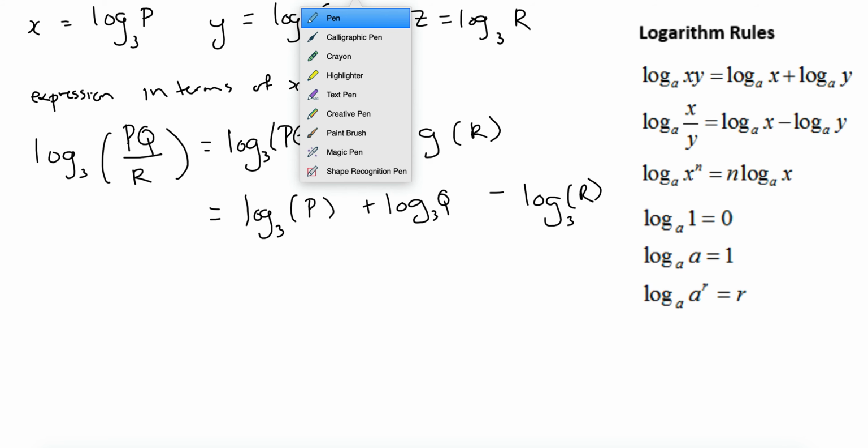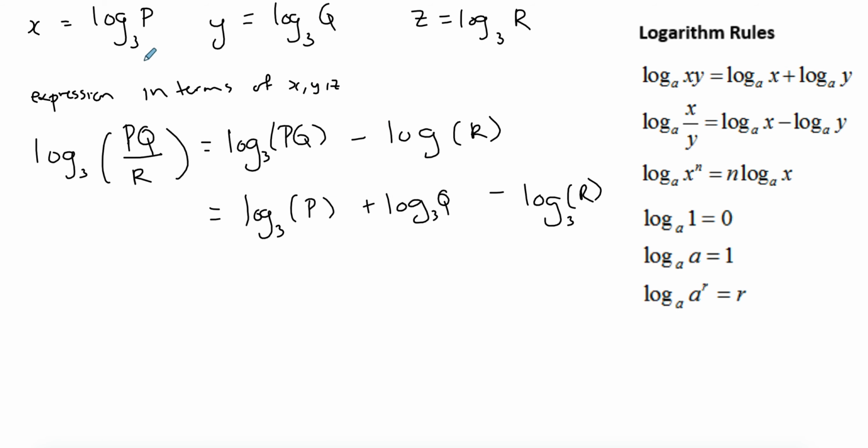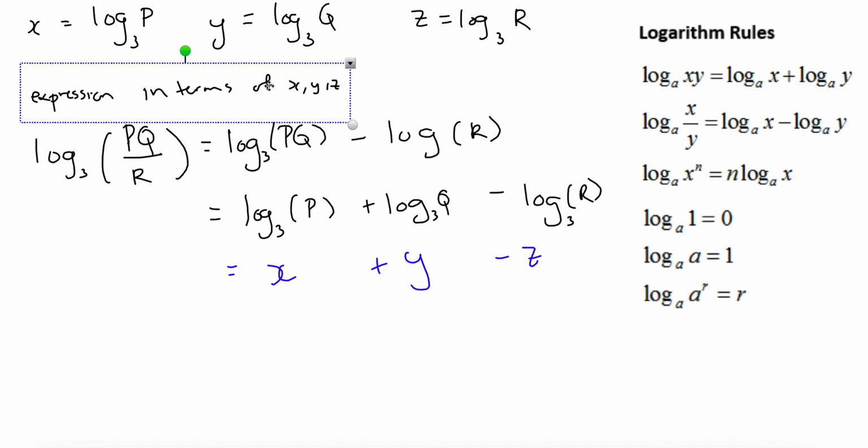To continue with the example, we then can easily go back here and see, well, I know that log base 3 of p is just x, and log base 3 of q is just y, and log base 3 of r is just z. So we are just using the rules that they gave us. So always go back. There is a long route you can go where you use these expressions, but try to be smart with how you use them, how you manipulate the equations.